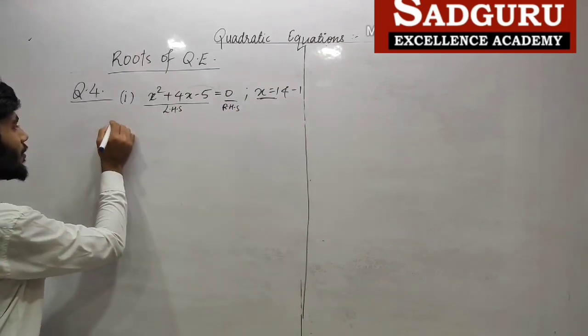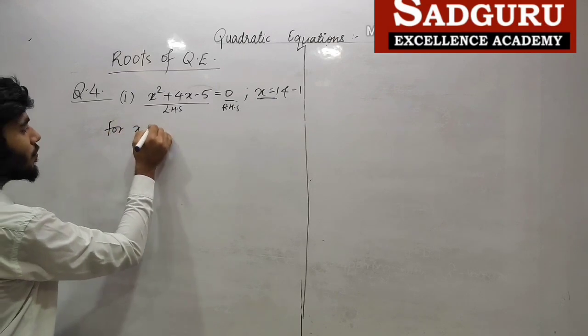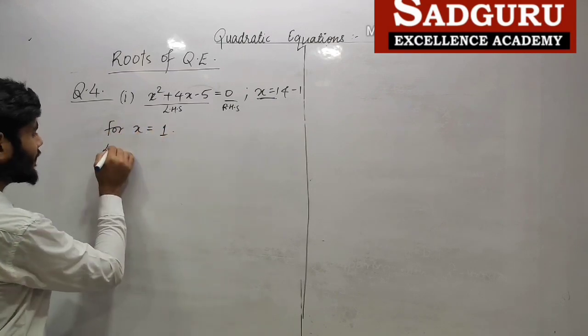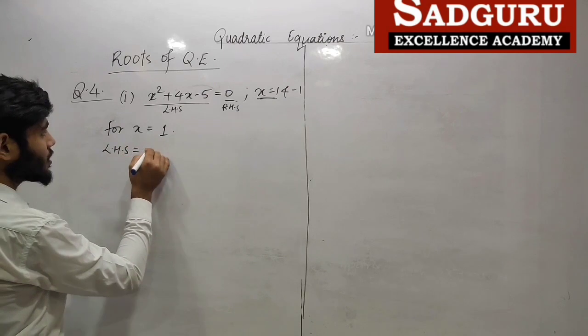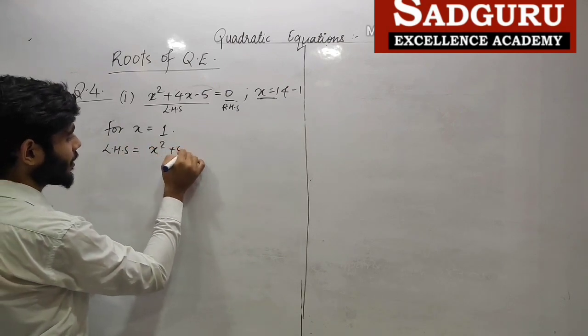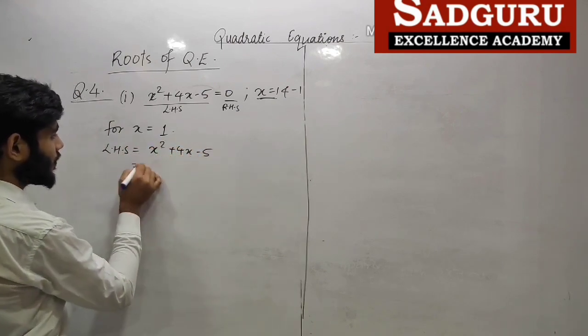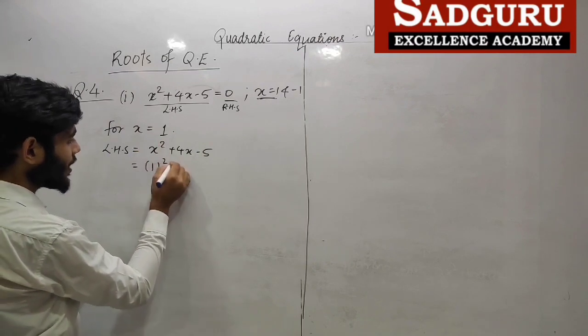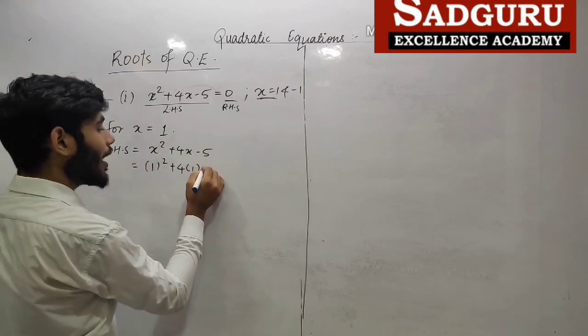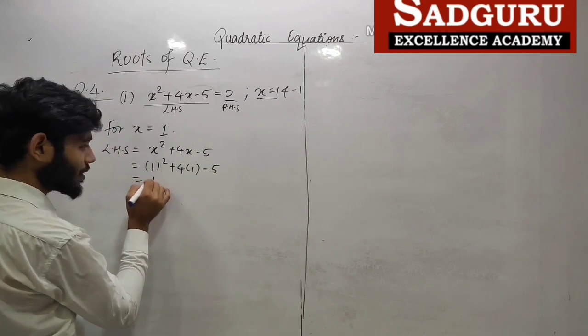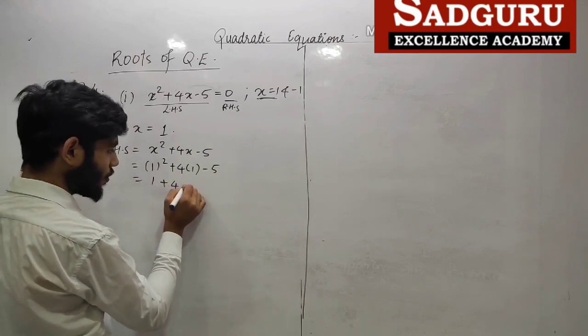So let us check for x equals to 1. The left hand side is x square plus 4x minus 5. After putting this value, it becomes 1 square plus 4 into 1 and minus 5. So 1 square is 1 plus 4 ones are 4 minus 5.